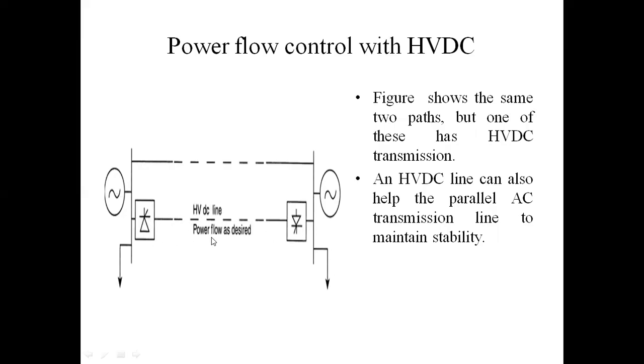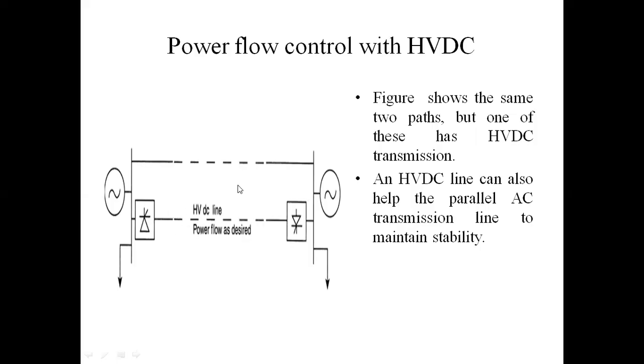With HVDC transmission, we can increase power stability. At the same time, HVDC transmission lines are efficient only above 500 kilometers. For small distances, HVDC is not suitable because the cost of the power electronic devices will be more.